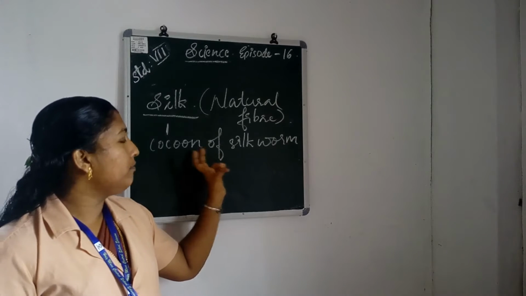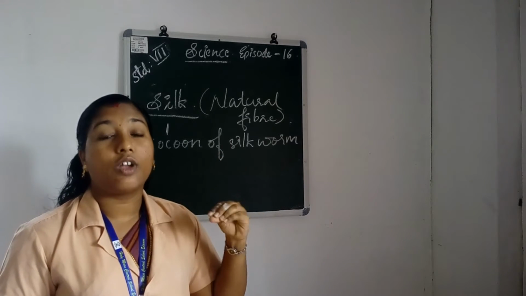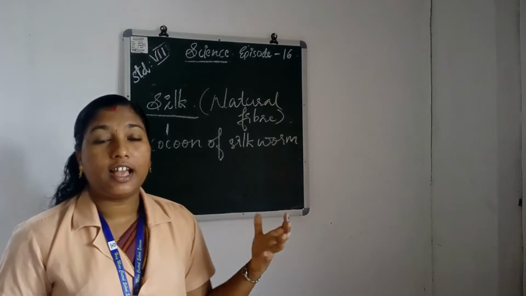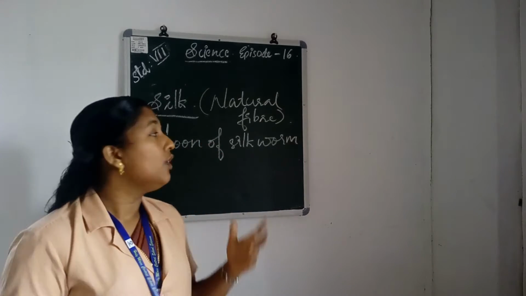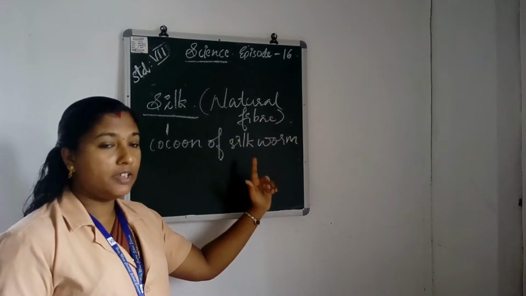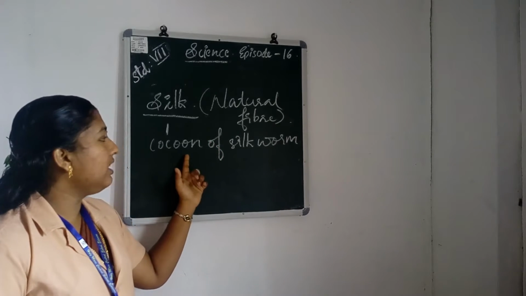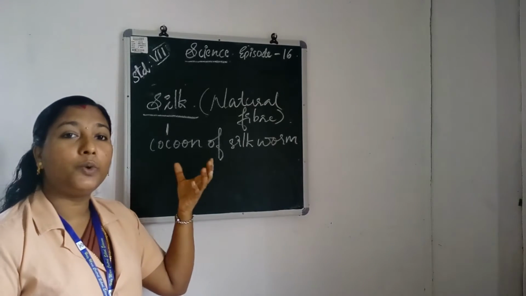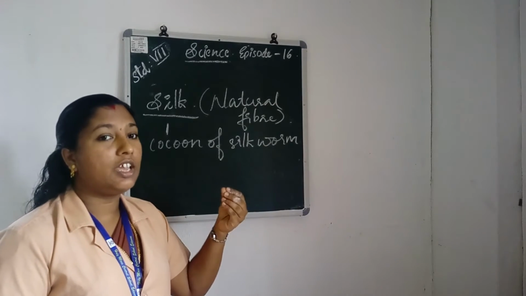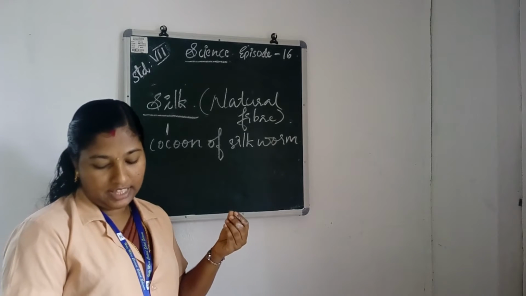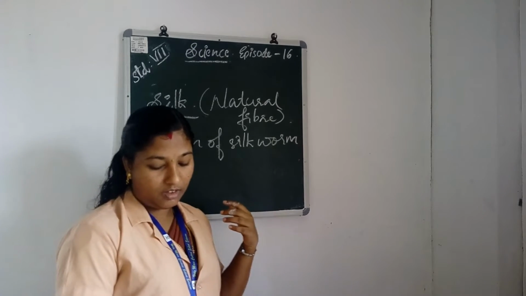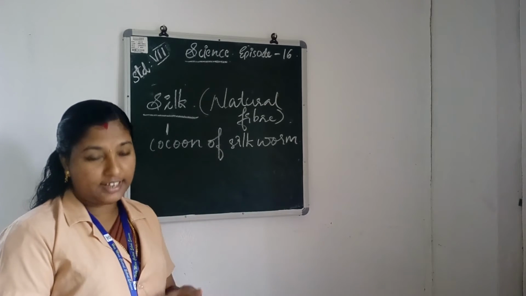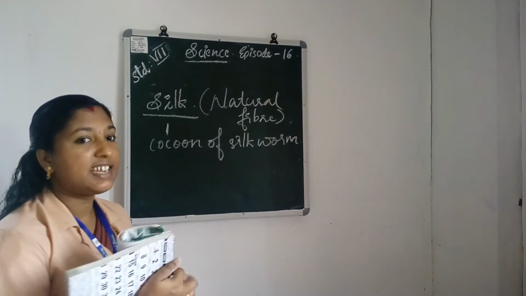In the rearing section, the workers look after the silkworms to get good quality cocoons or fibers. For what purpose do we do this rearing? We do the rearing for getting silk fibers. That is called sericulture.